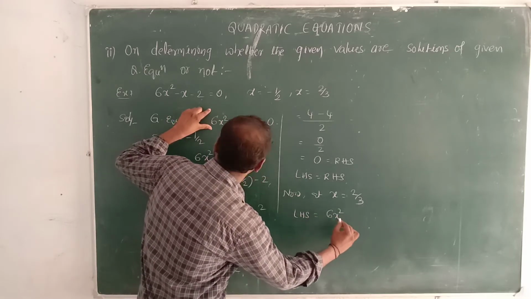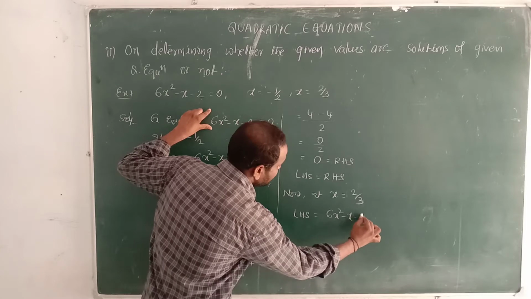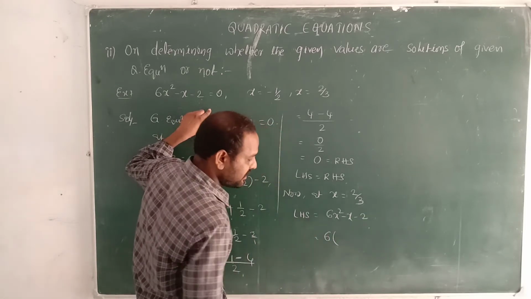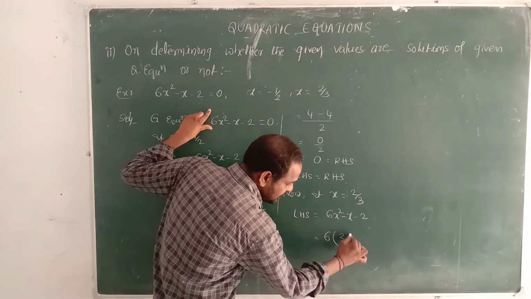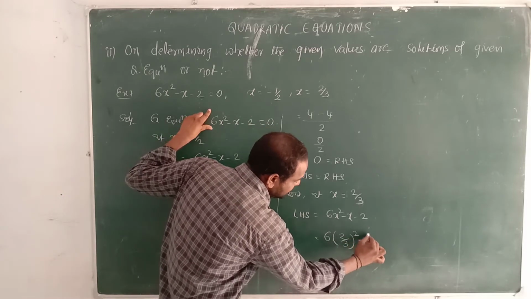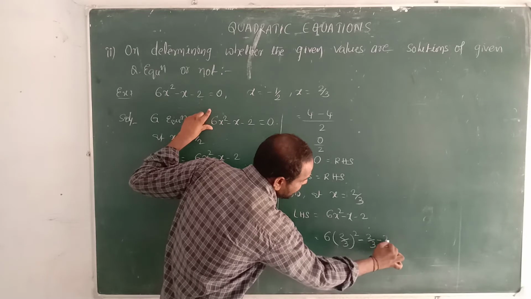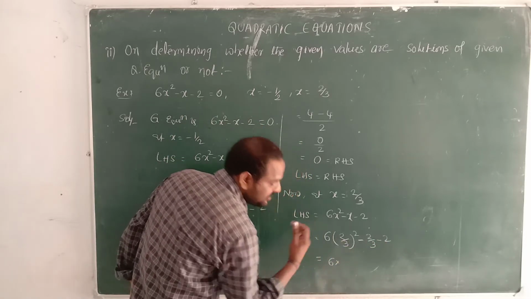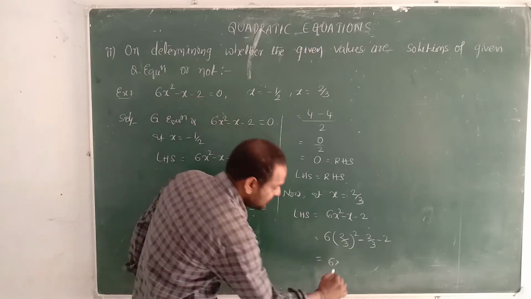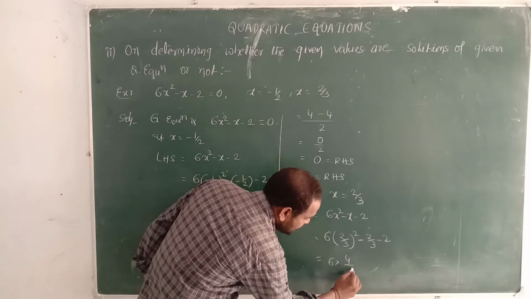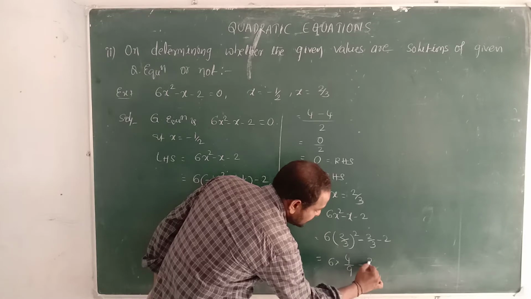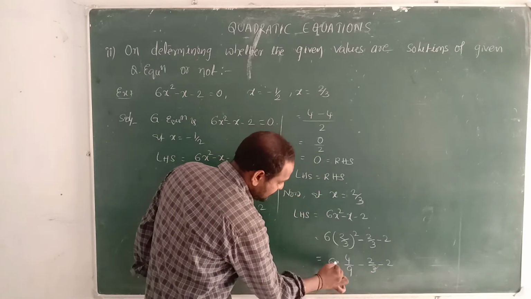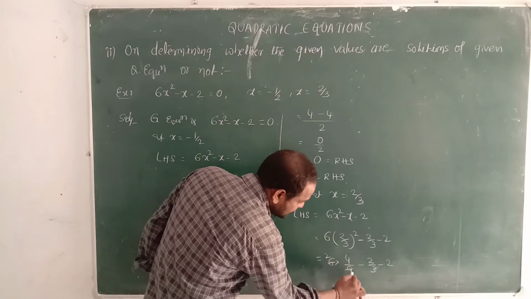6x square minus x minus 2. So 6 into x square, that means 2 by 3 whole square, minus 2 by 3 minus 2. So 6 into 2 by 3 whole square, that means 4 by 9, minus 2 by 3 minus 2. Now do the cancellation. 3 2s are 6, 3 3s are 9.